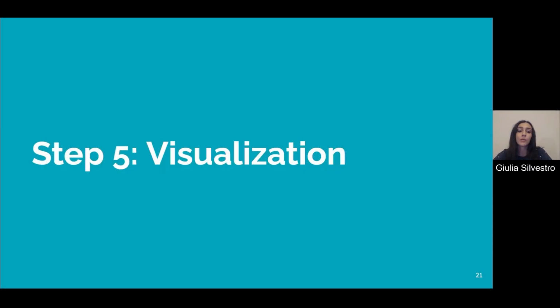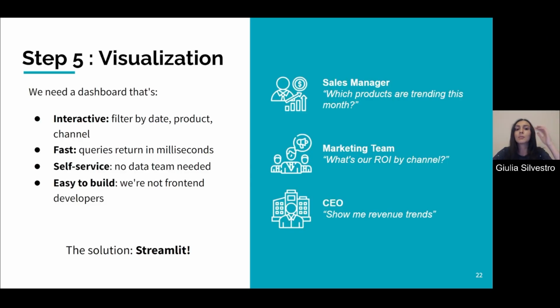And finally, we have built all this great data infrastructure, but now we need to make it accessible for business users. For example, let's paint a picture of the stakeholders' needs. Sales managers might need to know which products are trending this month. Marketing teams may need to know the return on investment by channel. The CEO might need to see revenue trends.